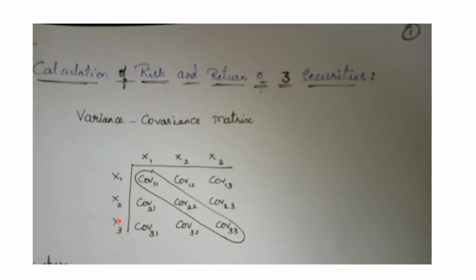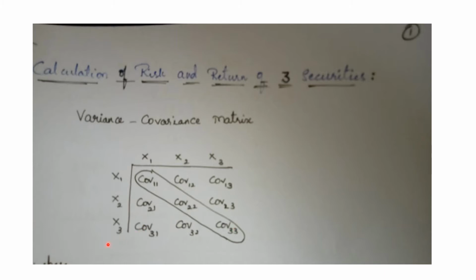Then again coming to the second security, here again covariance of 2 with first security, covariance of second security with second security, and covariance of second security with the third security. So that is covariance of 2 3.